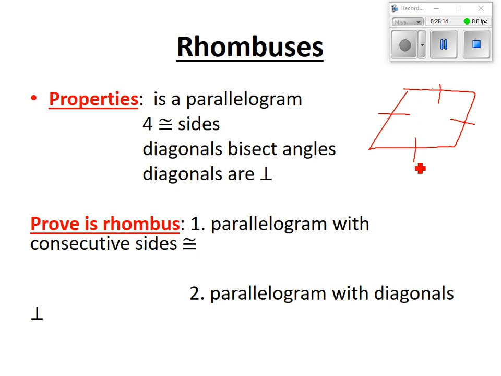Now, one other property that a rhombus has that parallelograms or rectangles didn't have: if I draw in this diagonal, guess what it does to that angle right there? It bisects. Rectangles and parallelograms, that doesn't work.